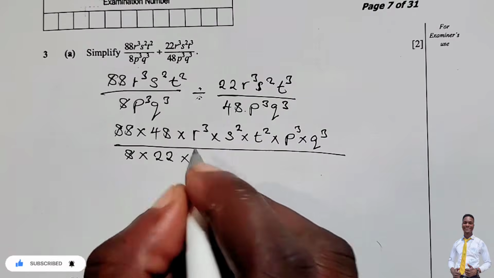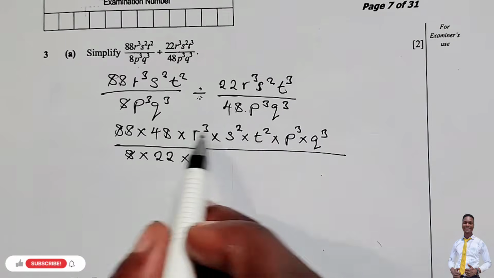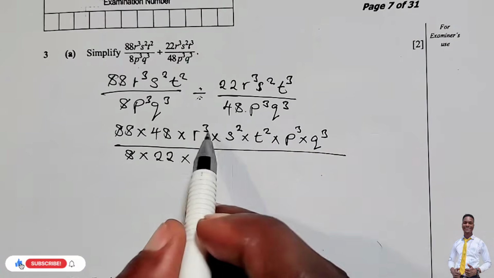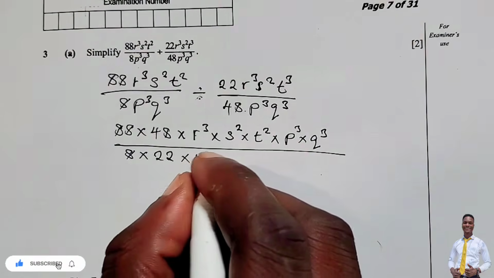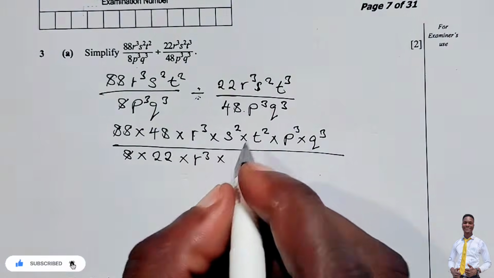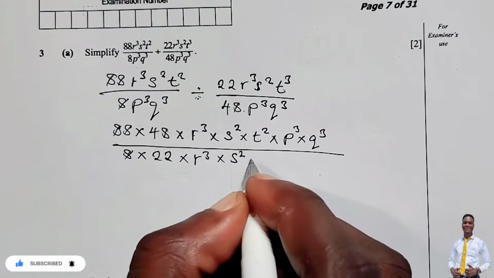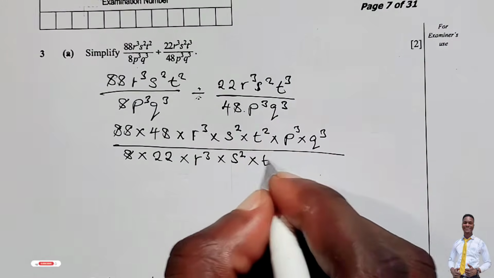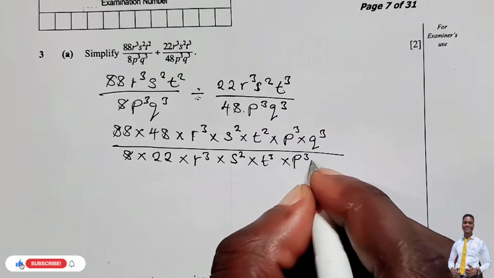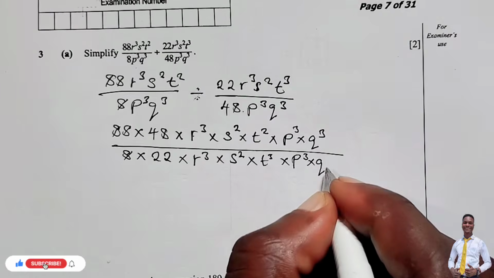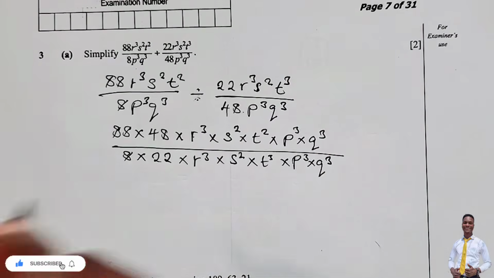Times, let's group the letters here over the variables according to what we've done on top. Here we have r, so let's start with r to the power 3 times s to the power 2 times t to the power 3 times p to the power 3, times q to the power 3.